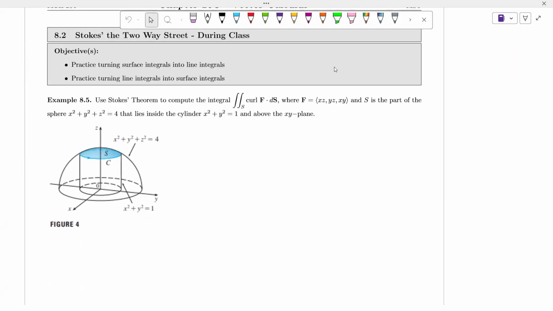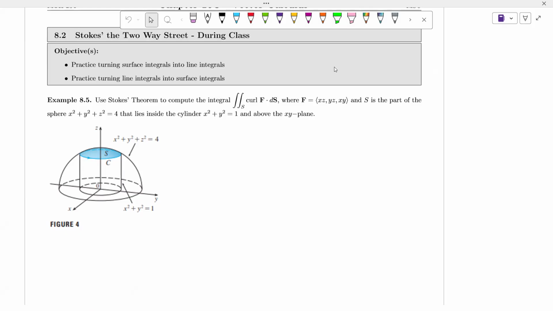And when it comes to solving a problem that says use Stokes' theorem to compute something, you should always do the opposite of whatever we tell you to do. If we ask a question that says use Stokes' theorem to compute a double integral, I know with a high amount of certainty I am definitely not going to calculate a double integral.